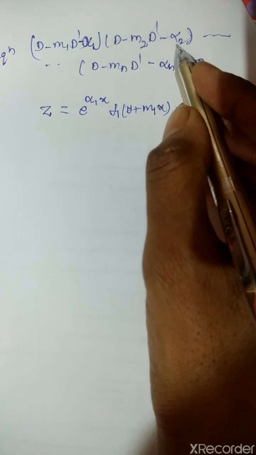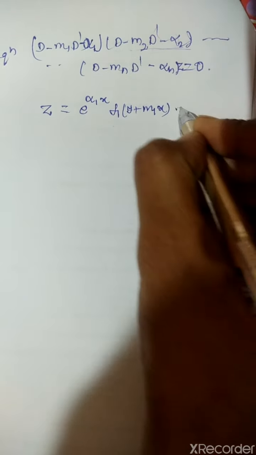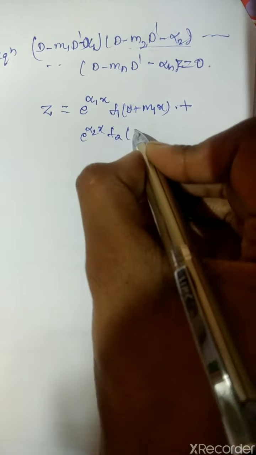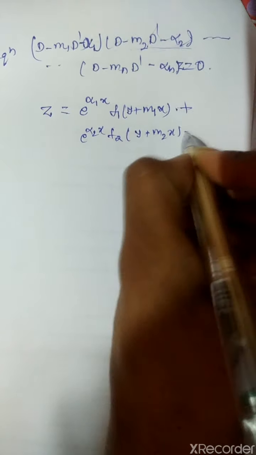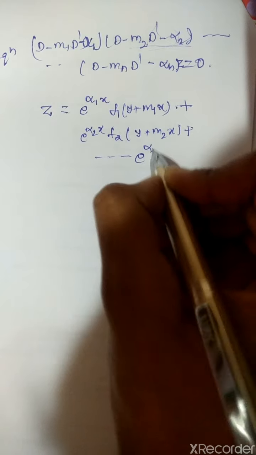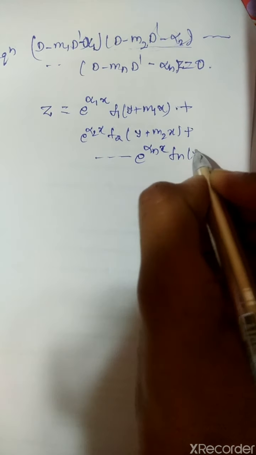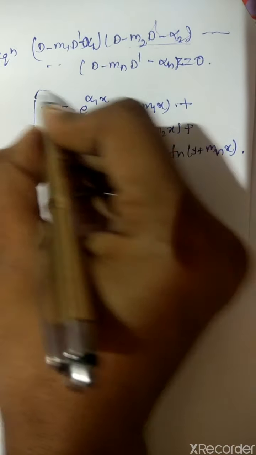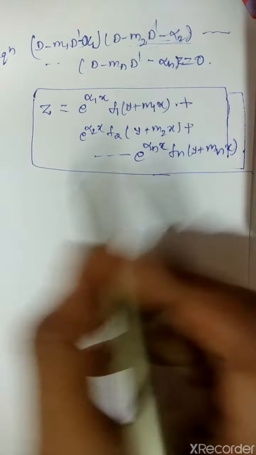The second root is alpha 2 from the second factor, so we write e to the power alpha 2 x f2(y + m2 x) and so on. In the last we get e to the power alpha n x fn(y + mn x). So this is our CF when we are having distinct roots.